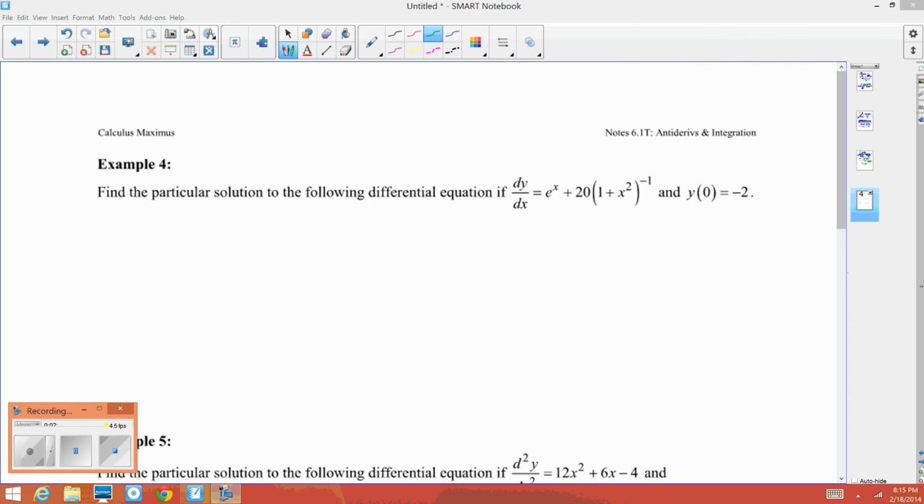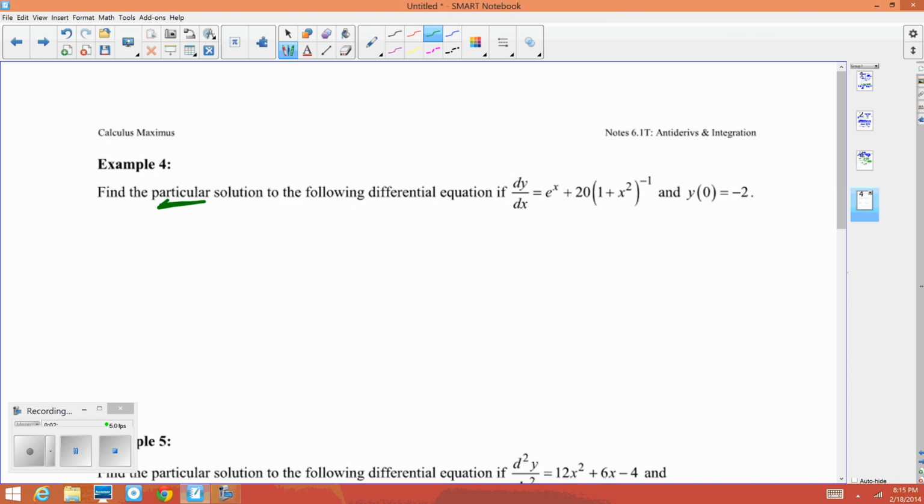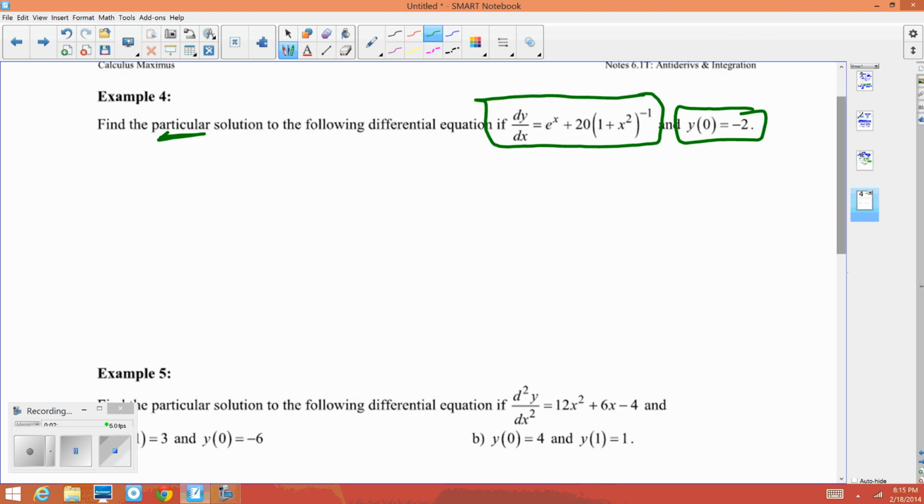All right, so notice example 4 says find the particular solution to the following diffeq, differential equation, if dy dx equals this. We have this function and we have this piece of information here. Whenever we have it in the Leibniz notation, the first thing we need to do is rewrite it so we're separating the variables.